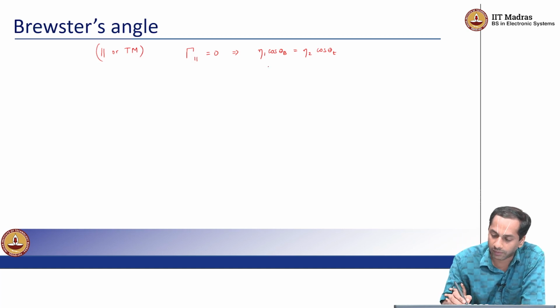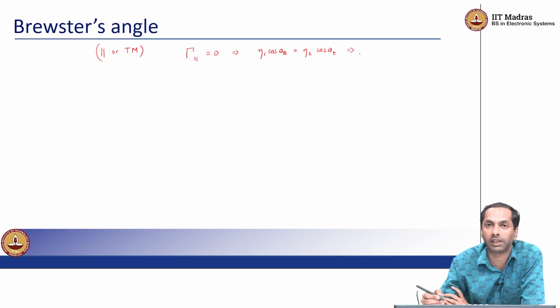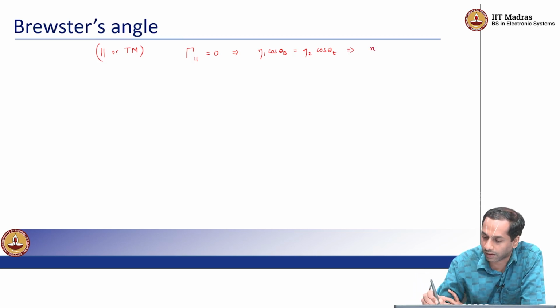And the other relation we have: if I change this to index, the wave impedance eta is inversely proportional to the index. So I have n2 cos theta b is equal to n1 cos theta t, and from Snell's law we have n1 sin theta b is equal to n2 sin theta t.